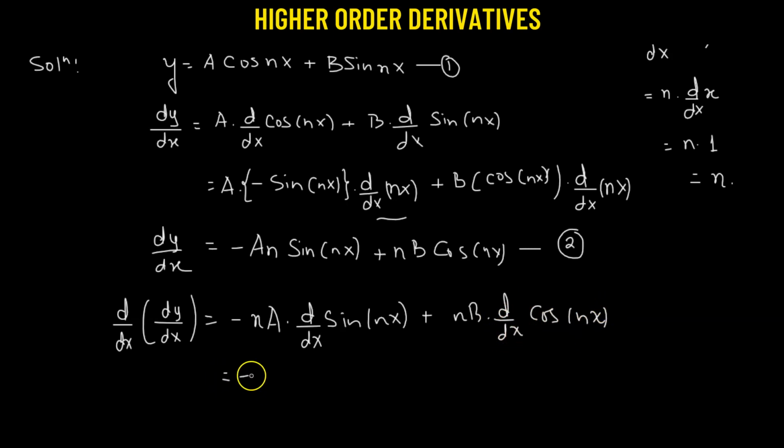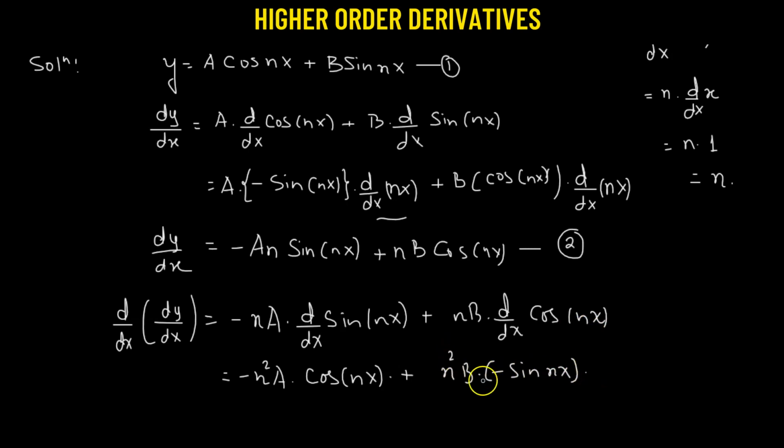So that equals negative n times a times the derivative of the sine function, which is the cosine function, so cosine of nx, multiplied to, we'll again have to use the chain rule, the derivative of nx, which is simply n. So that means we have negative n squared a, plus n times b times the derivative of the cosine function, which gives us negative sine nx multiplied to the derivative of nx, which is n.